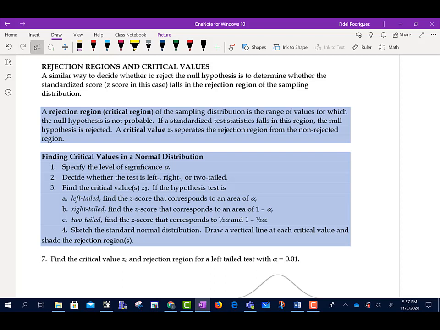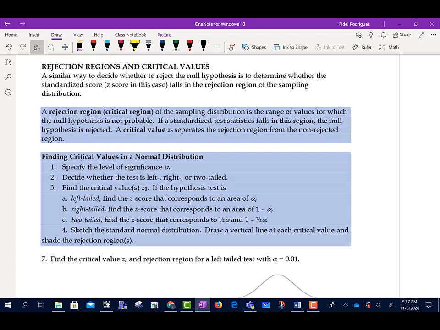Okay, so there's a couple of steps here, and it says finding the critical values in a normal distribution. Number one, we're going to specify the level of significance alpha. We're going to decide whether the test is left tail, right tail, or two tail. We're going to find the critical values for Z0. If the hypothesis test is left tail, we're going to find the Z-score that corresponds to an area of alpha.